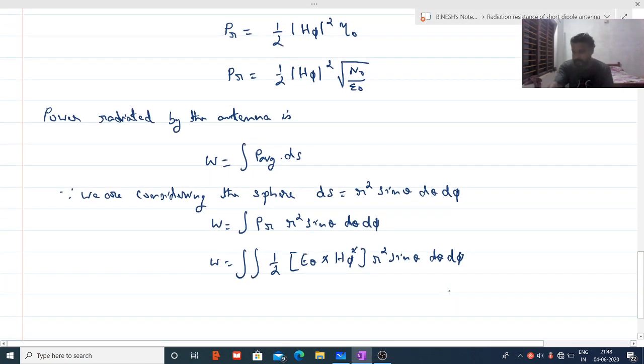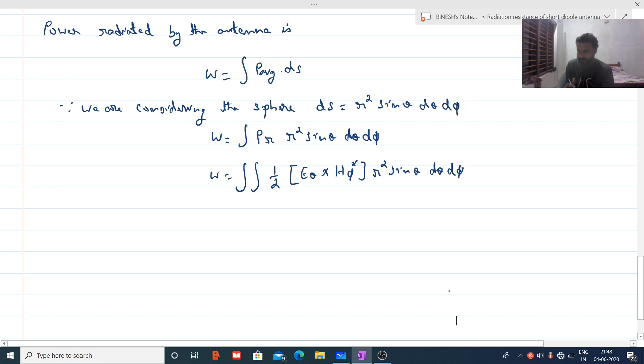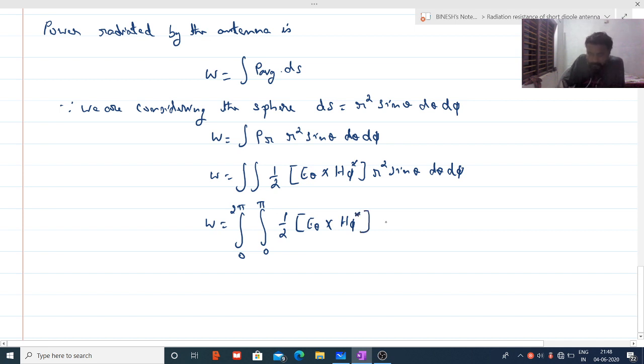So I can rewrite it as the general equation W is nothing but integral from 0 to 2 pi, integral 0 to pi, 1 by 2, E theta cross H phi star, R square sin theta d theta d phi.